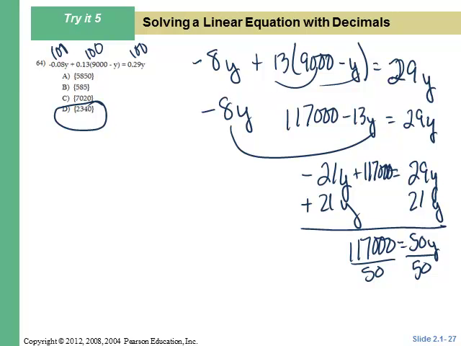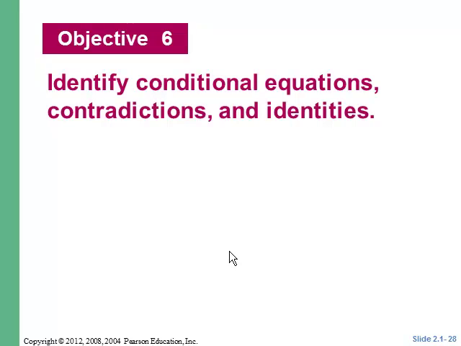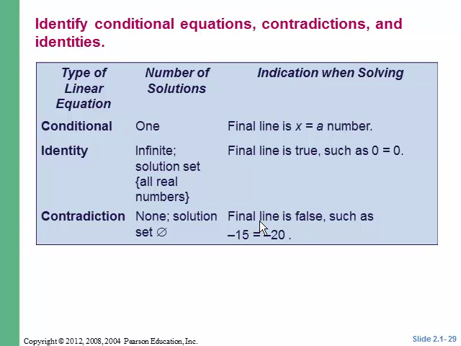So, if you go on then, you will see that the next section is, what do we do if sometimes we don't get a solution, or sometimes we get many solutions? Well, if we have an equation where we have one solution, we call it a conditional linear equation.